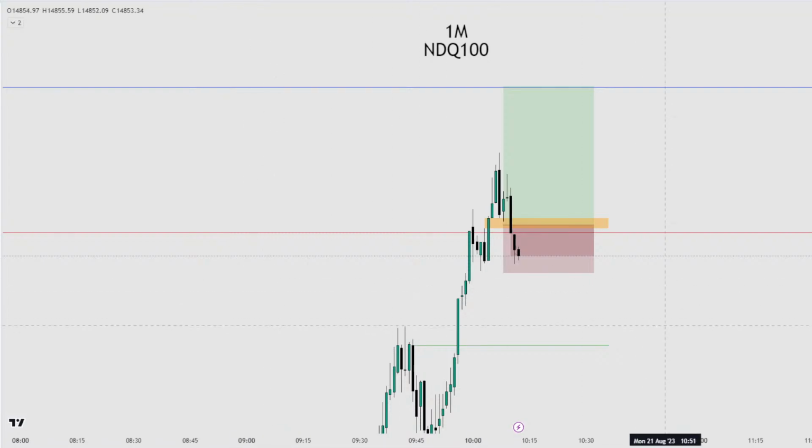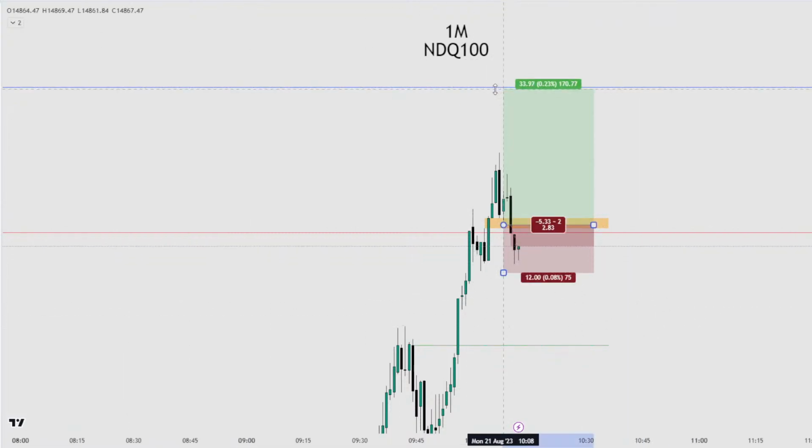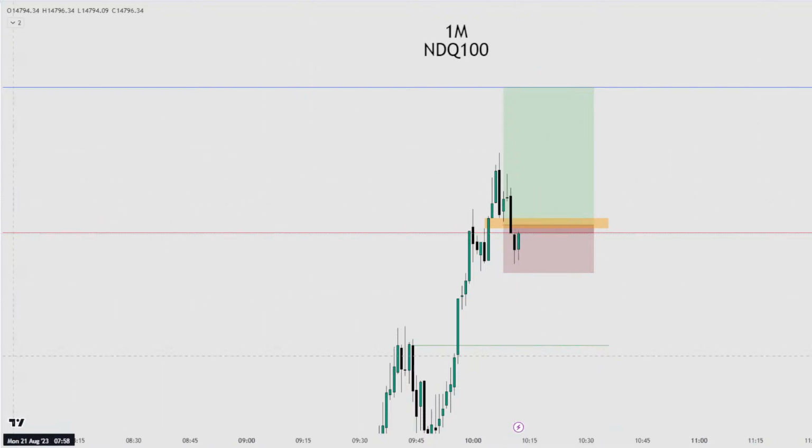So let's move stop loss to 95. Target is 3,400. It's 2.87. We'll see.